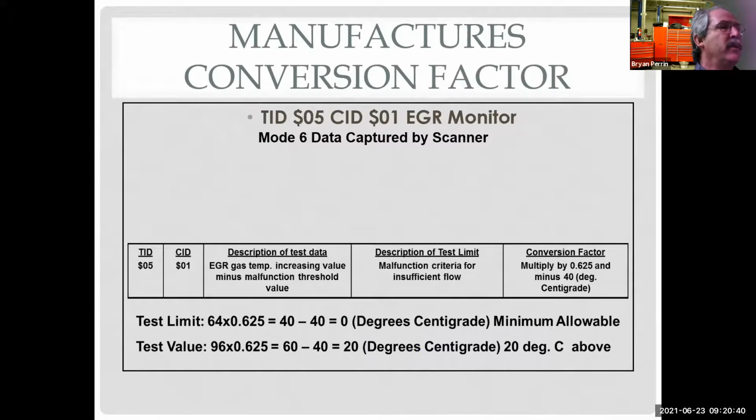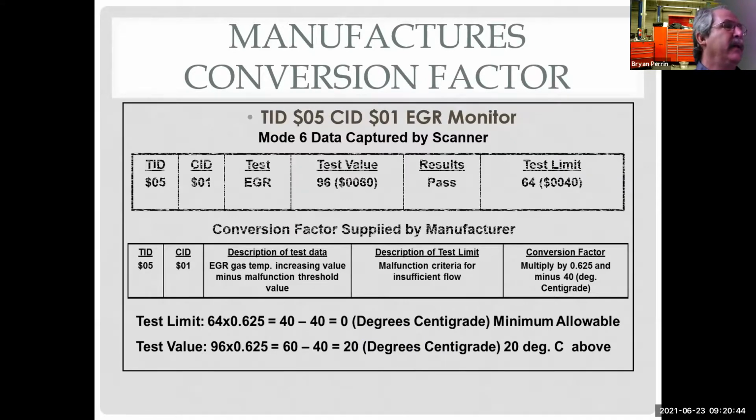So here's another one, the EGR monitor. In this case, we captured some data, and my test value is 96, and my minimum value is 64. So the description of the test is the EGR gas temp increasing value, malfunction, minus the malfunction threshold.